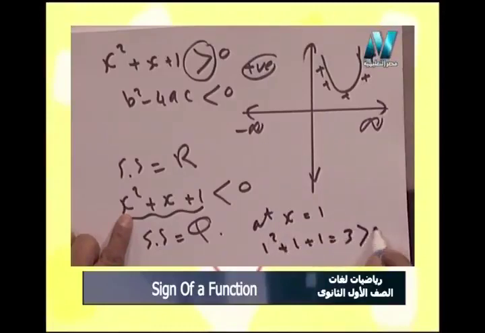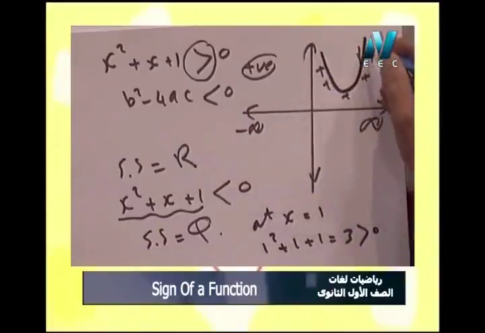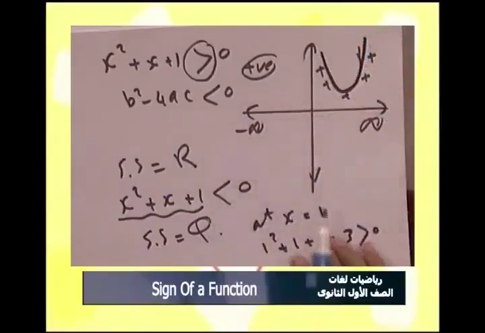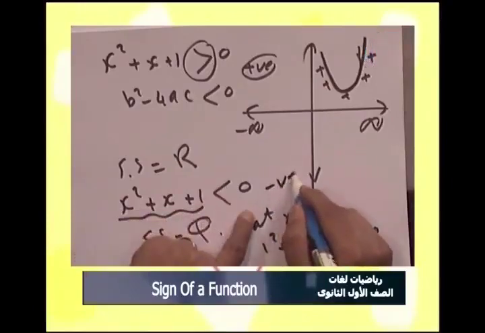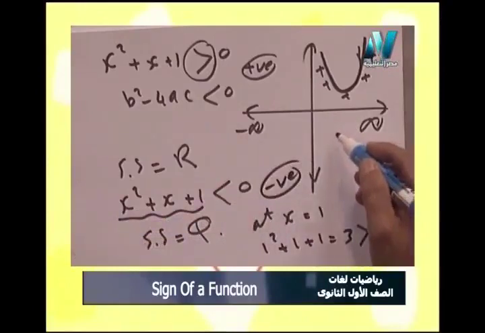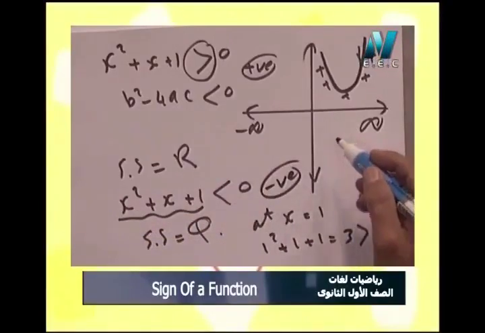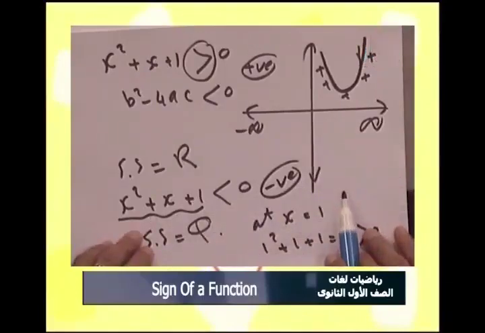So 3 is greater than 0, so it's positive. This function is positive all the time over its domain, from negative infinity to infinity. When we solve x power 2 plus x plus 1 less than 0, meaning negative, it cannot exist. We have no points of x that make this function negative. So the solution set equals phi.